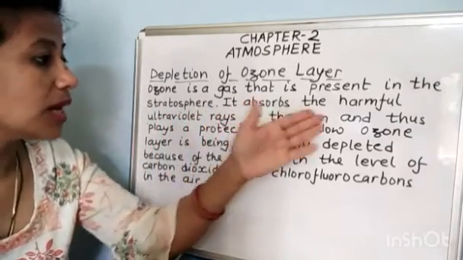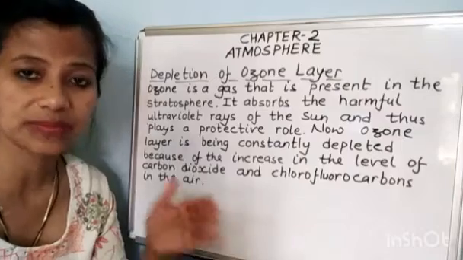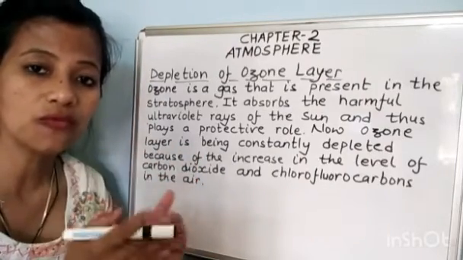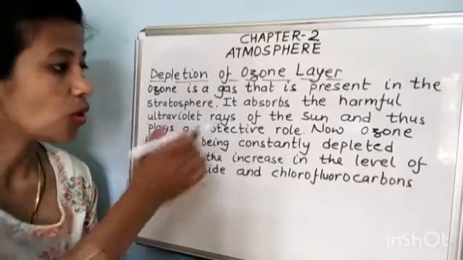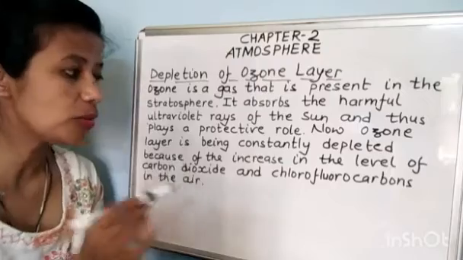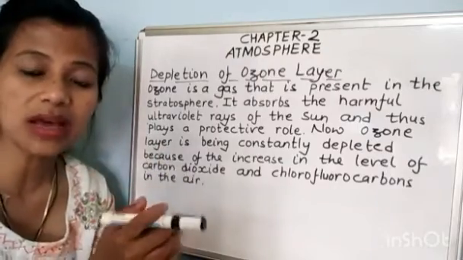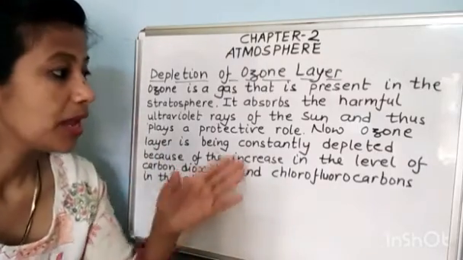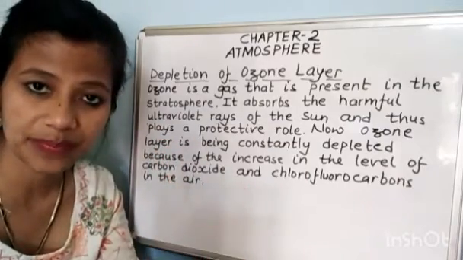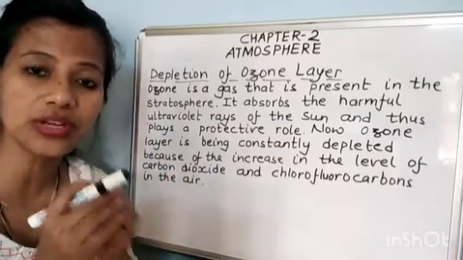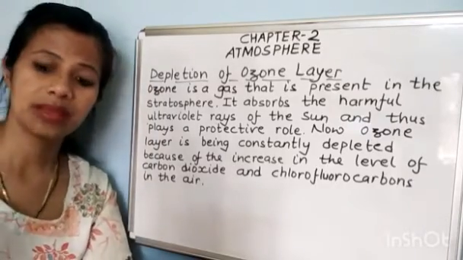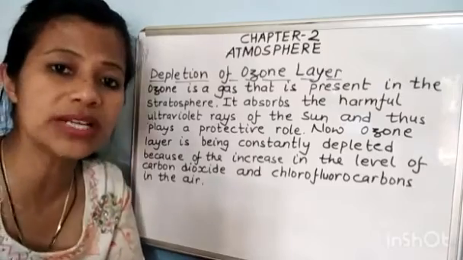It absorbs the harmful ultraviolet rays of the sun and thus plays a protective role. Now the ozone layer is being constantly depleted, continuously reduced in quantity.